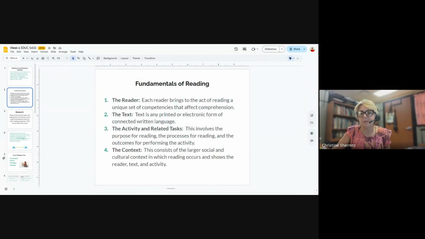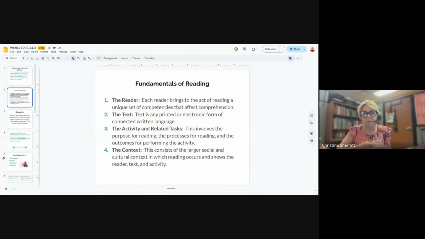Some of the fundamentals of comprehension and reading. Each reader brings unique competencies and background knowledge. That's important. The text. It is so important that you pick high quality text. Text can be printed or in electronic form. That text will help you to convey and to teach the topics that you want to teach. The activity and related tasks.